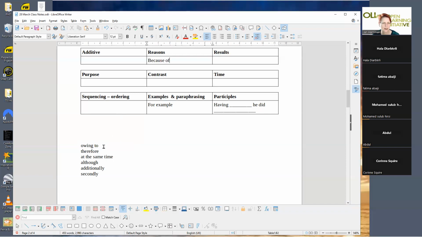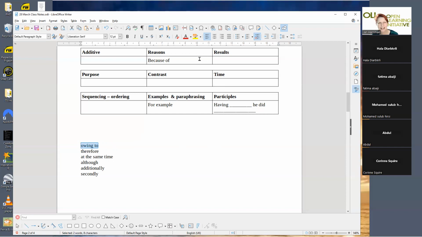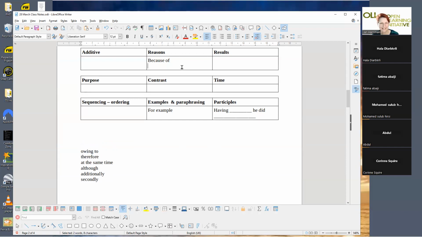So owing to is a little bit more complicated, a less common word than because of.